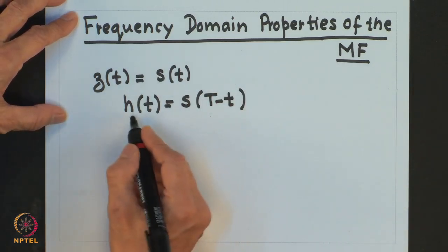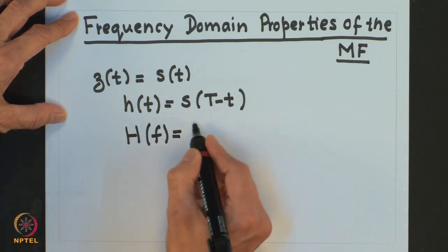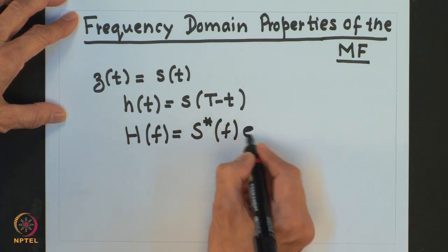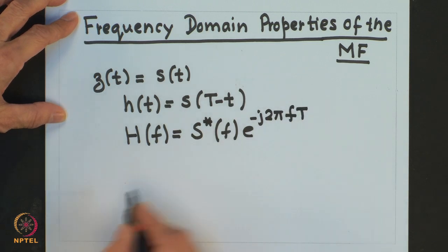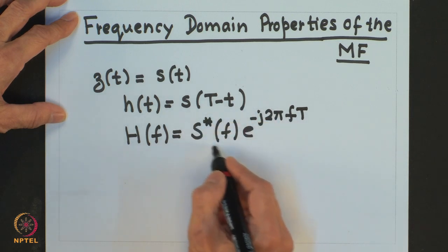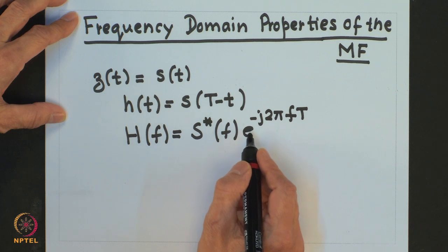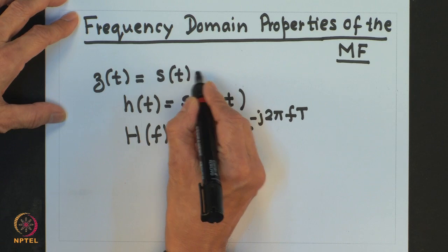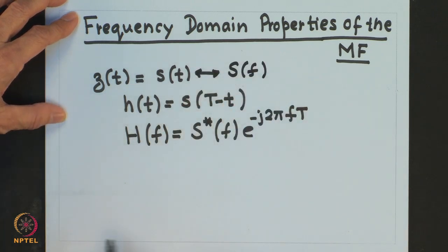Okay. So, now take the Fourier transform of this. The matched filter has a frequency response that is the complex conjugate of the transmitted signal spectrum. So, this has a spectrum which is given by SF.